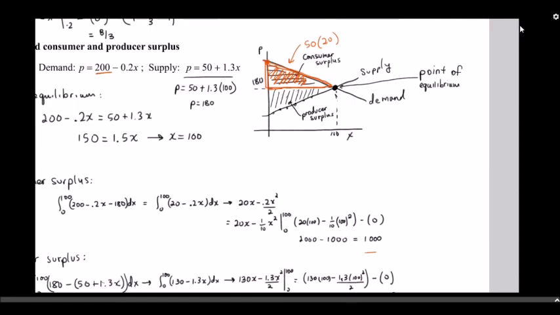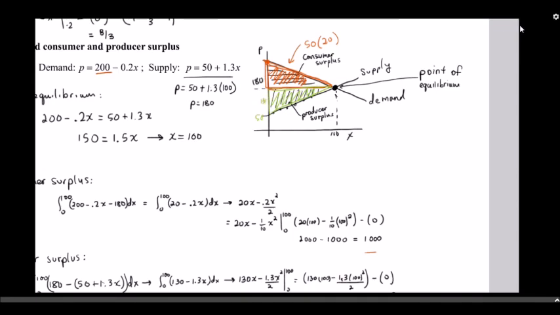Now for producer surplus, same thing, we have a right triangle. The y-intercept of that was 50 and the market price is 180, so that means the height is 130.